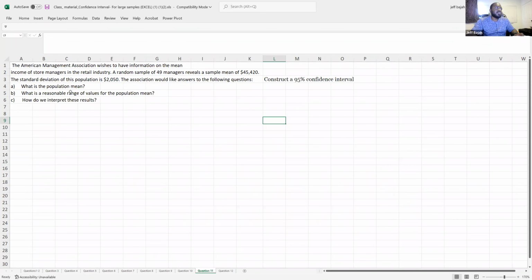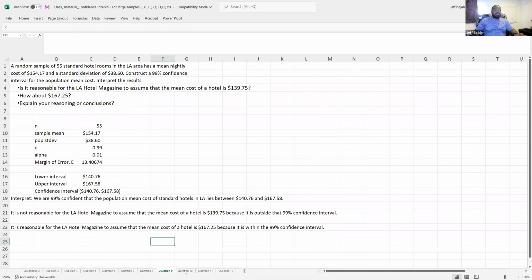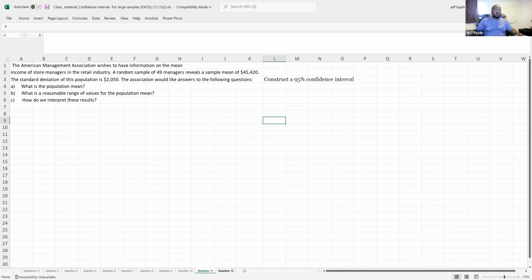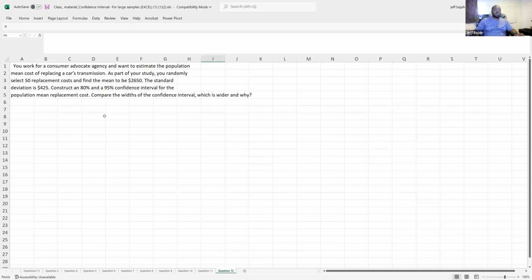Question 11 allows you to think about this question in some detail, and then question 12 tests your understanding of this topic. So question 11 and question 12. And you can submit this by Saturday, and that will let us know how you understand this topic.